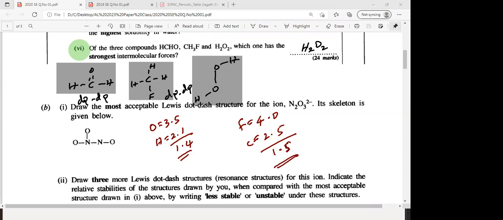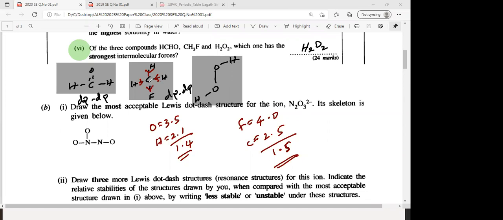True, but there are two OH groups here, and the other groups, the CH groups, attract electrons towards the carbon. Fluorine is withdrawn away.